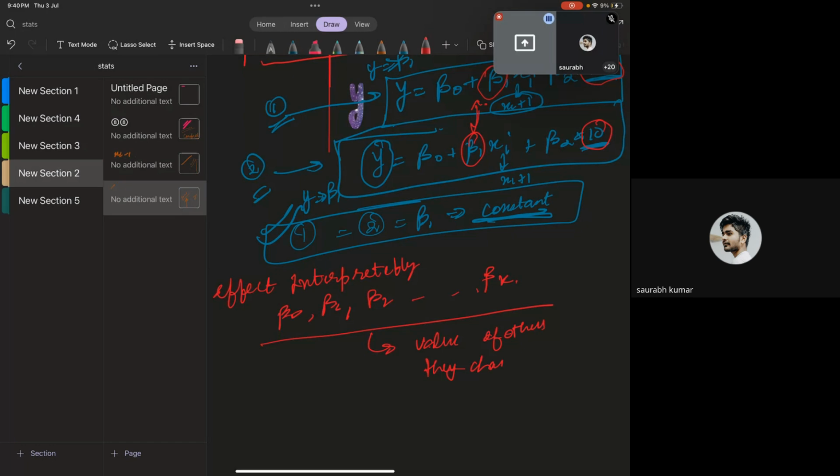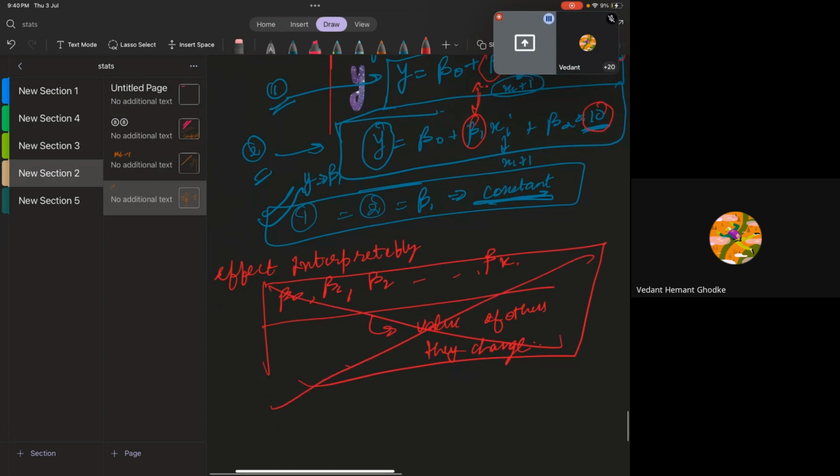Is that true? In linear regression, no. The weights never change.